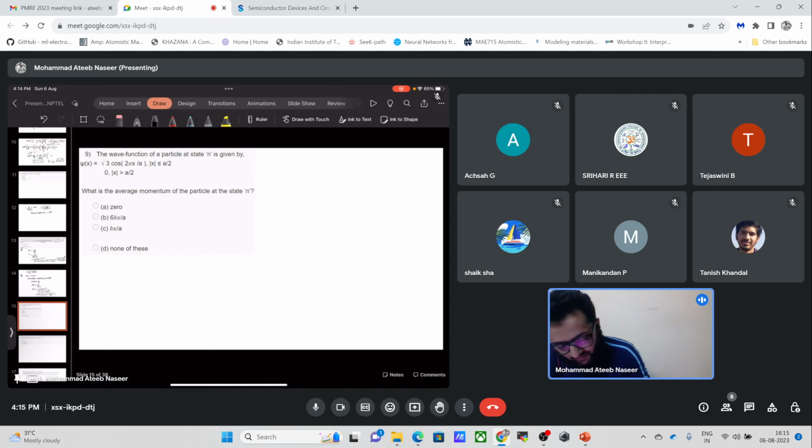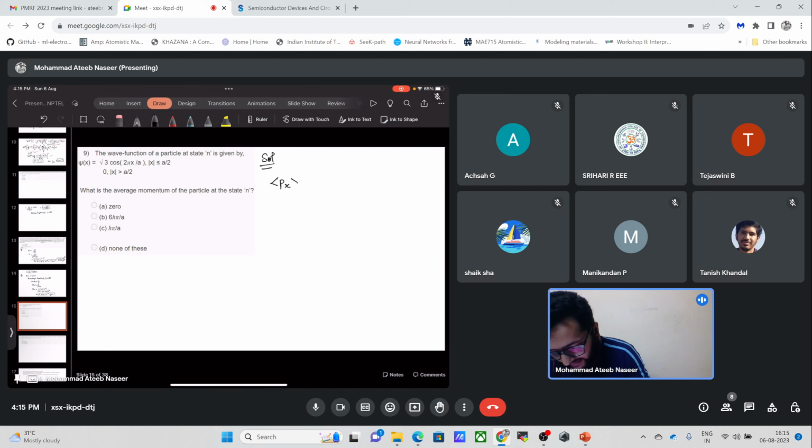Now for finding this average momentum, I would simply treat this momentum as an observable, and find this in one direction, which is x, since it has been given to be in 1D only. So I would say this is simply equal to minus infinity to infinity psi star of x, then this momentum observable would act on this wave function, x dx.